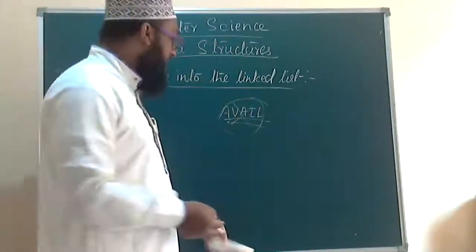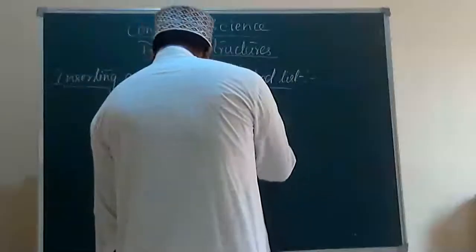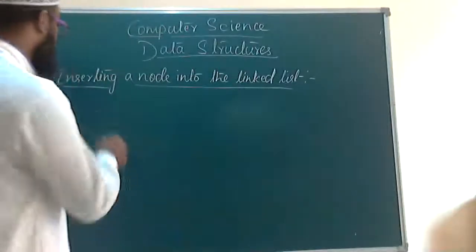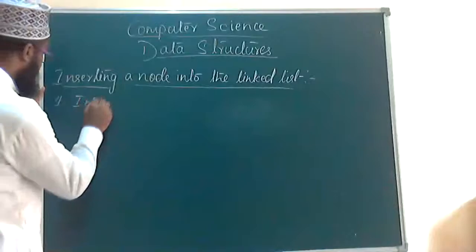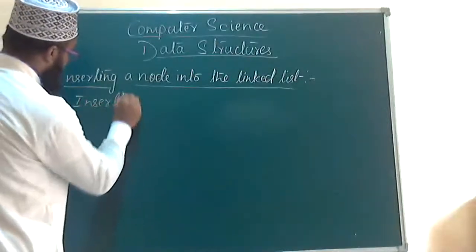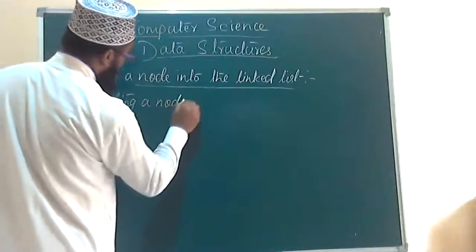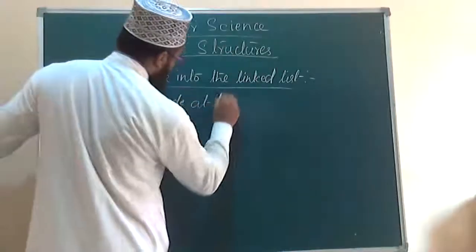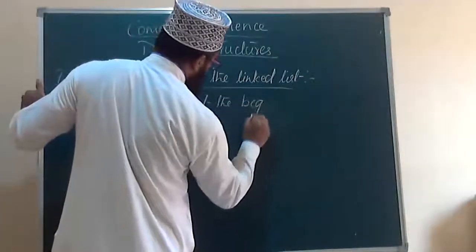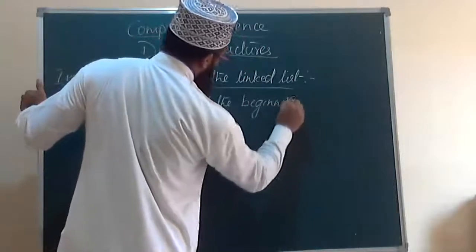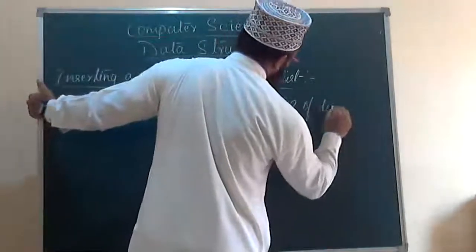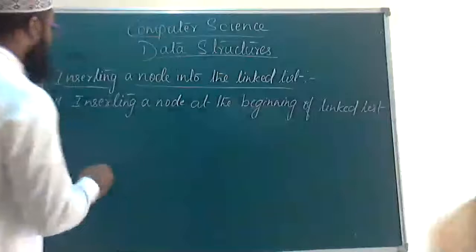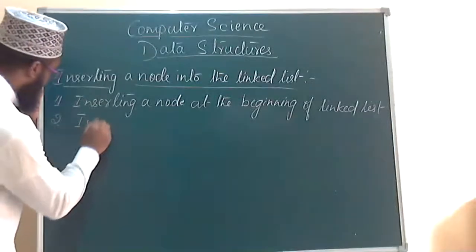So here, inserting a node into the linked list includes three types of insertion. The first one is inserting a node at the beginning of the linked list. The second one is inserting a node at a given position. Finally, the third one is inserting a node at the end of the linked list.